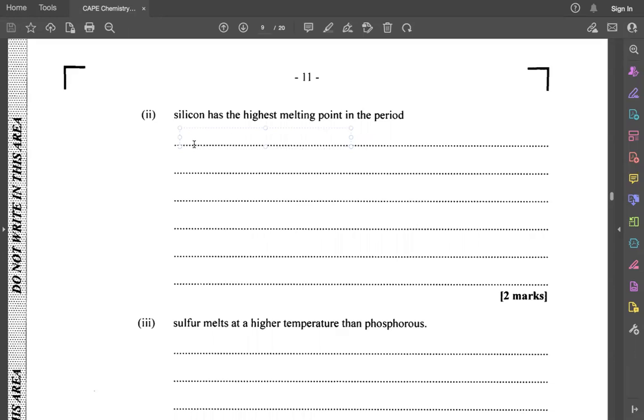What it comes down to, right, is that silicon forms a giant covalent lattice that is like diamond, right? So you know that diamond is like a very comprehensive network. Silicon forms something like that, right? So silicon forms a giant covalent lattice that is like diamond, right?